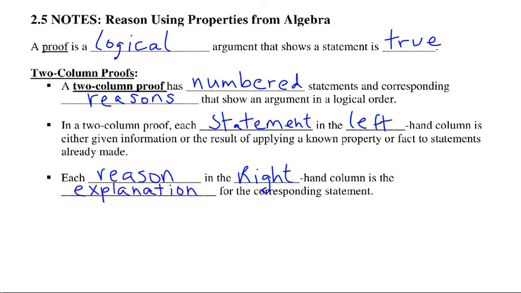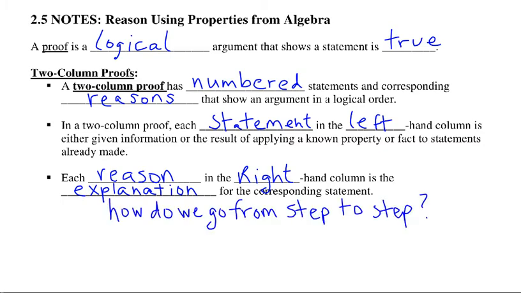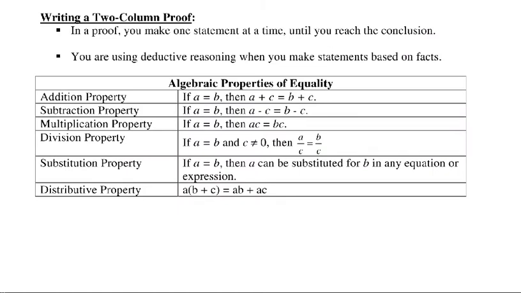So when we do our two-column proofs, when we're solving for x, our reasons would be the multiplication property of equality, or it could be the addition property of equality. So how do we get from step to step? On here, there's just a couple things I would like you to add. These are all the different names of the properties that we can use for our reasons on the right side of our two columns.